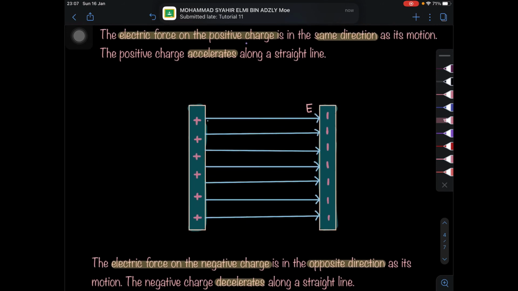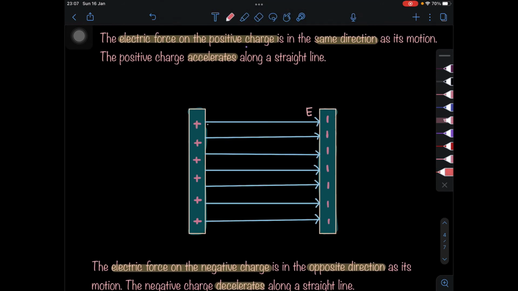When we have a negative charge, let's say here we have a negative charge going in the same direction as the electric field. Since it is a negative charge, it will be attracted towards the positive plate, so the force will be going in the opposite direction.